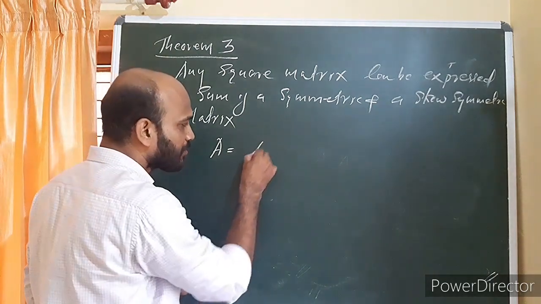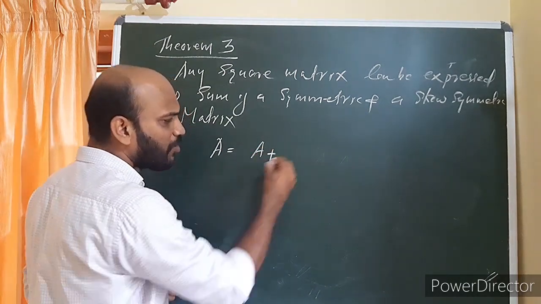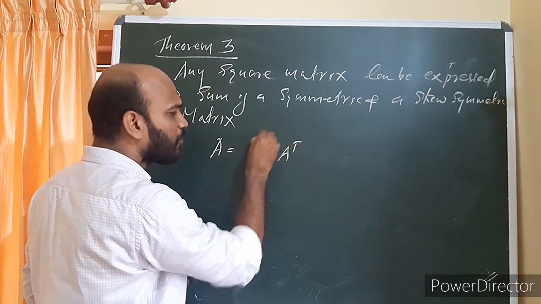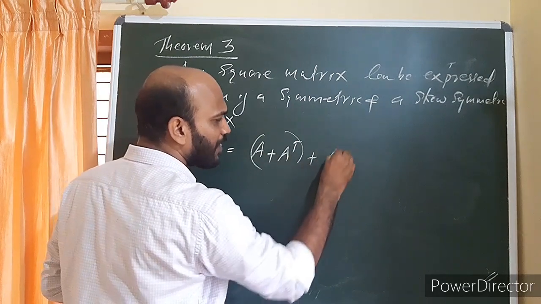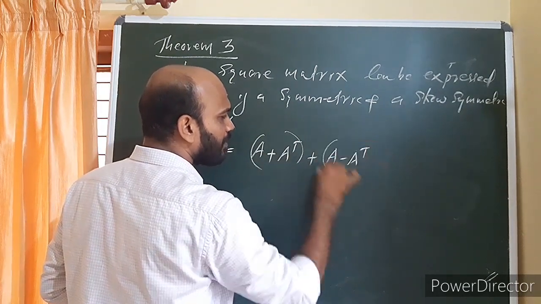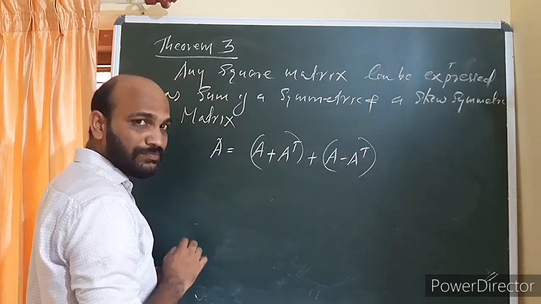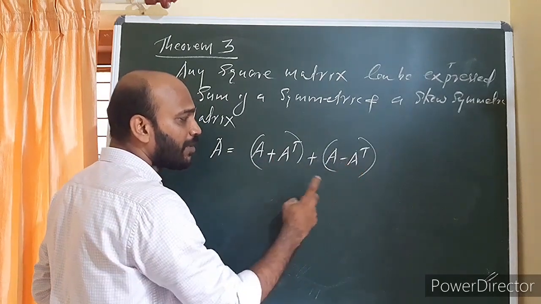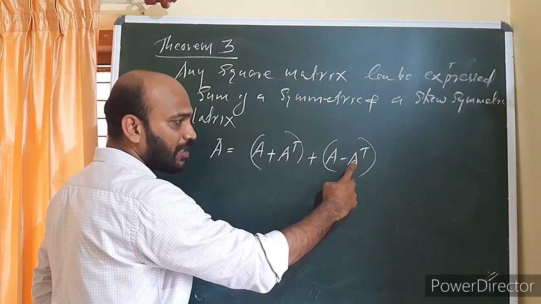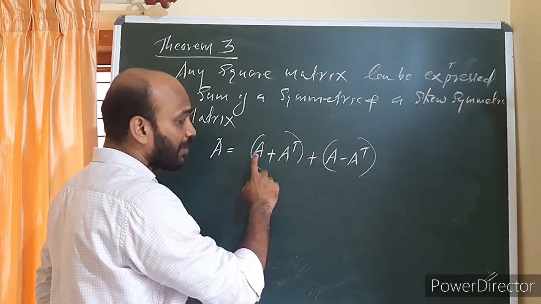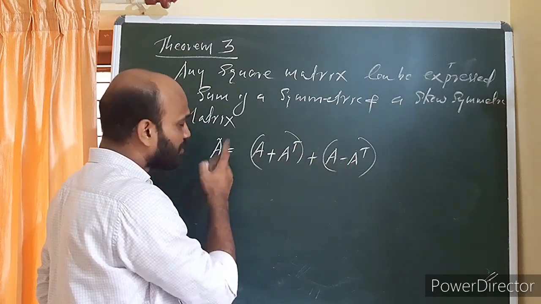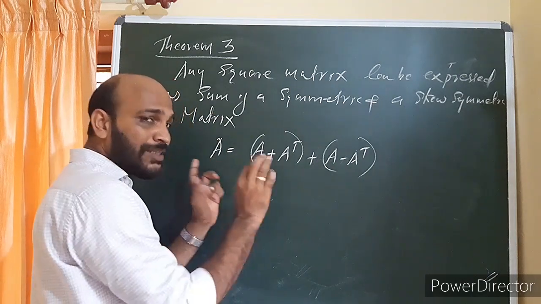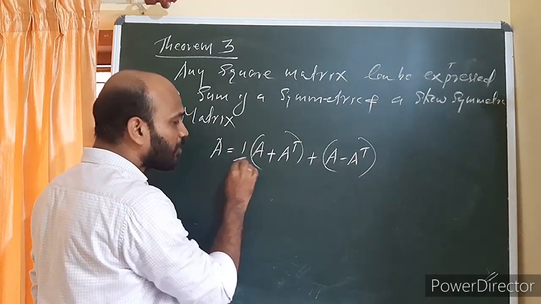Is A equal to A plus A transpose plus A minus A transpose? These two are not equal, because if we add these two, A transpose minus A transpose get cancelled, but right hand side will get 2A, left hand side is only A. So in order to make this one equal, you have to multiply it by 1 by 2.